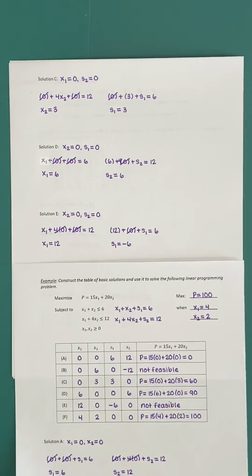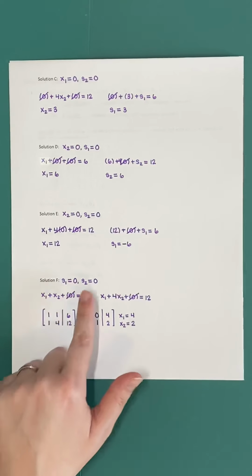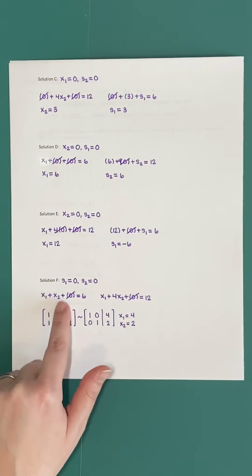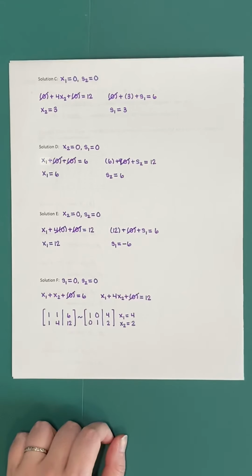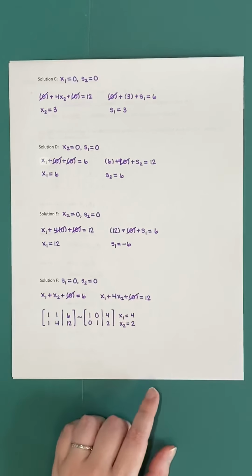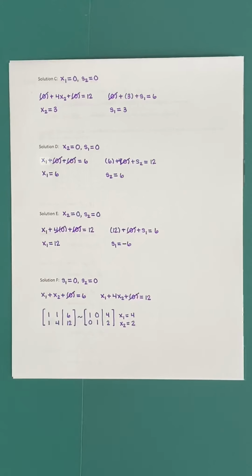Now let's look at the last one, and I'll flip this back over. We're subbing in 0 in place of both of our slack variables. So we end up with x1 plus x2. The slack variable is eliminated, so that's going to be exactly equal to 6. And then x1 plus 4x2 plus 0 is equal to 12. What this particular combination represents is the situation where we don't have any slack, where we use all our resources.